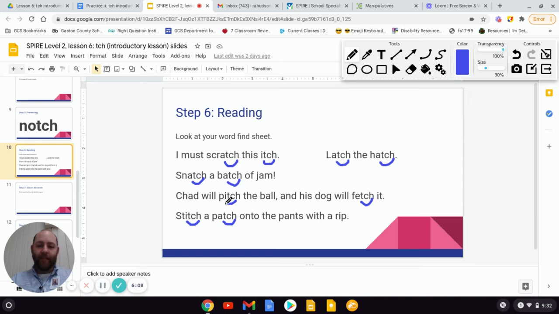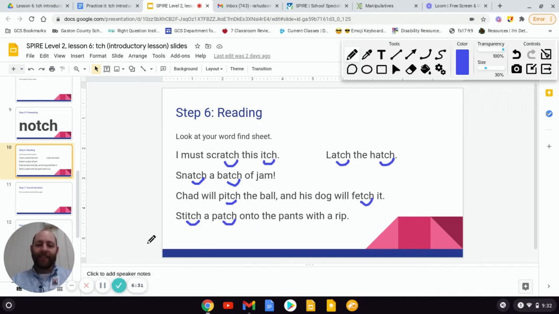Chad will pitch the ball and his dog will fetch it. Stitch a patch onto the pants with a rip.